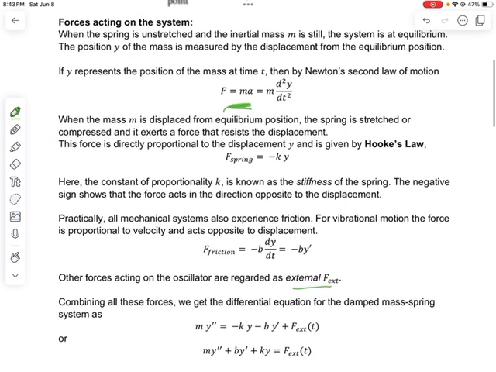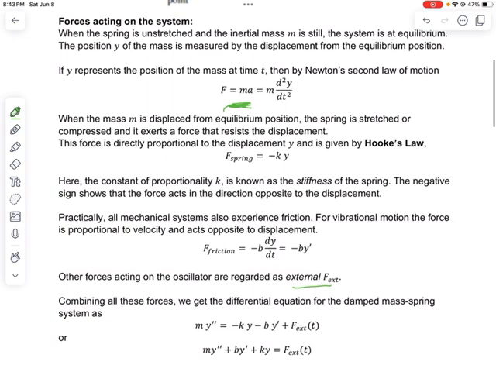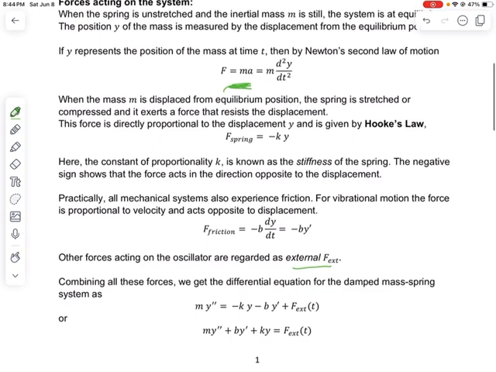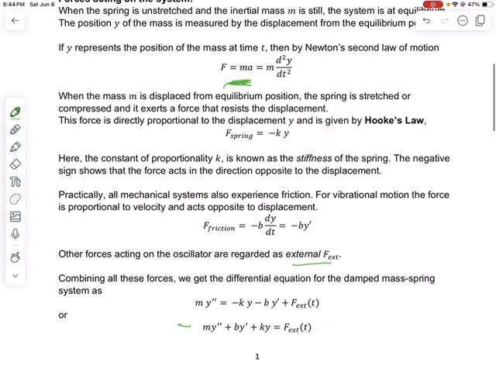So when we combine all of them, we get this equation: my double prime is equal to negative ky minus by prime plus F external. Now we can move these two terms to the left side, and we end up getting my double prime plus by prime plus ky is equal to F external.